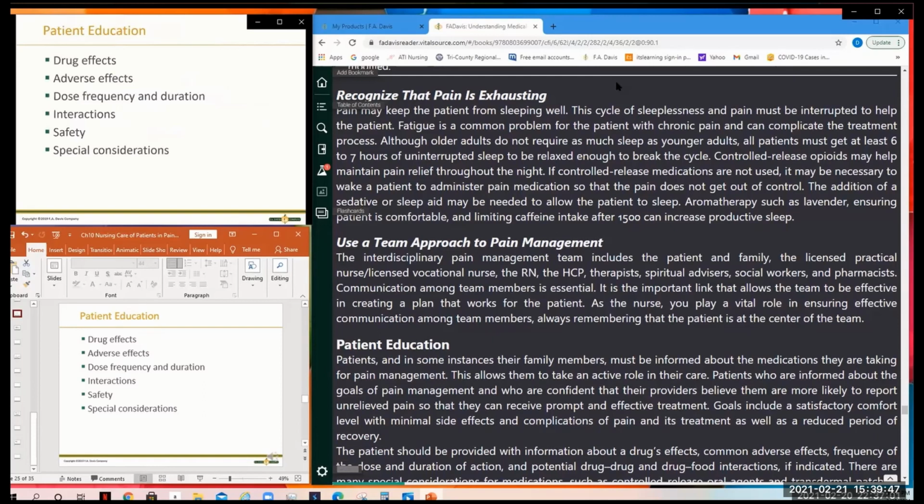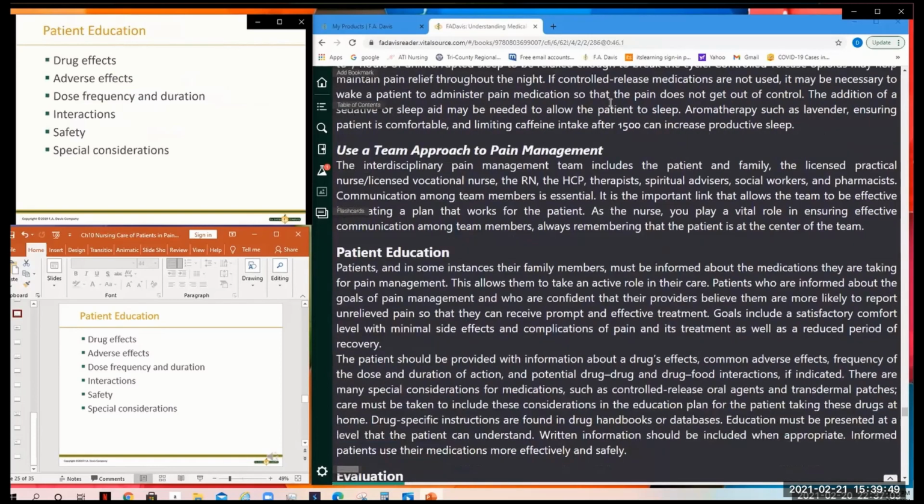Use a team approach to pain management. The interdisciplinary pain management team includes the patient and family, the licensed practical nurse, the RN, the HCP, therapists, spiritual advisors, social workers, and pharmacists.